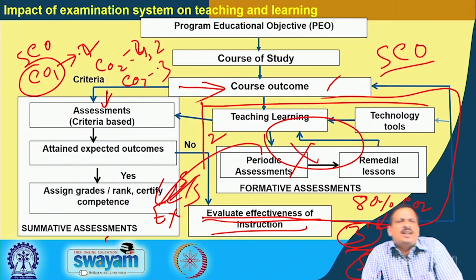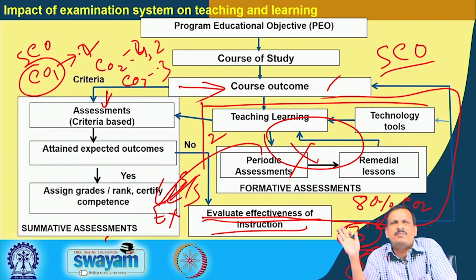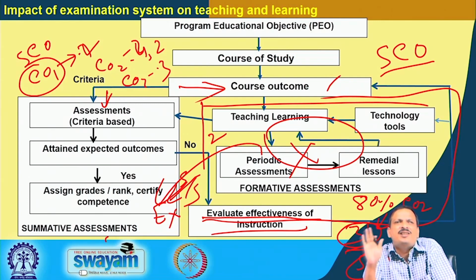It is not mandatory that there are 2 class tests and 1 assignment, it is never mandatory. It depends on your CO, it depends on your teaching and learning. Whether your subject will have an assignment, whether your subject will have a project, whether your subject will take a 3-hour exam in the end semester exam, a 2-hour exam in that, all depend on how you write your CO. For the class test, it depends on your planning of teaching and learning.